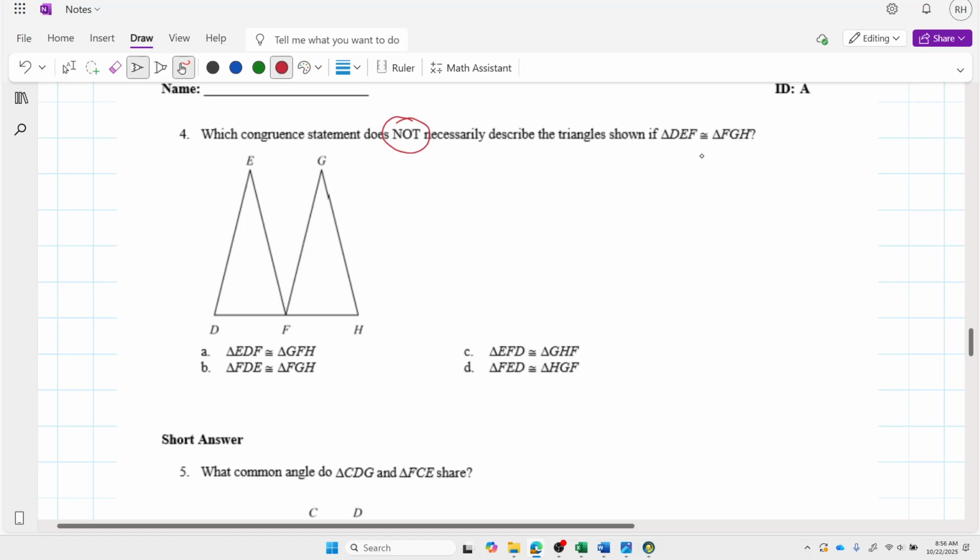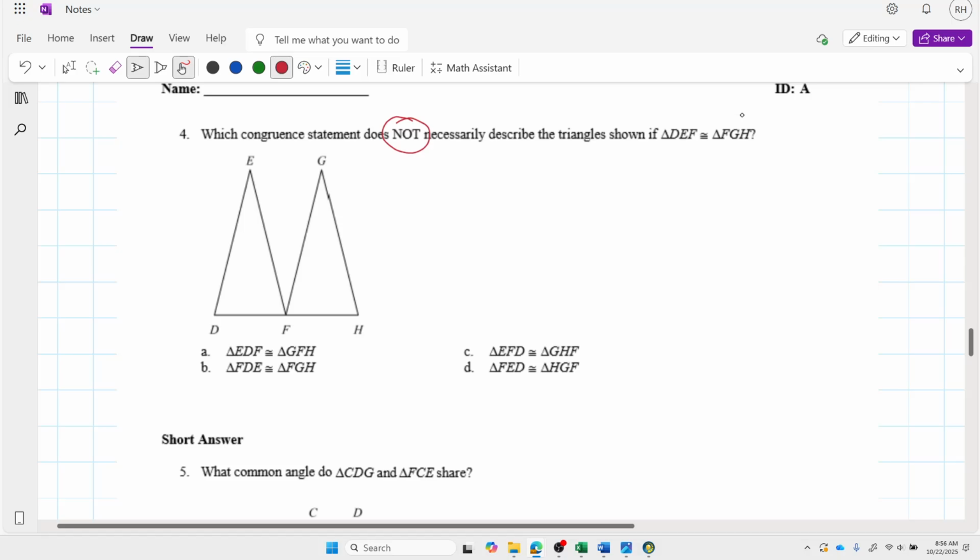Now, on Monday, we talked about congruent statements and how you can change the orders of the letters, and the congruent statement is still correct. So what they're doing down here in these answer choices is they're changing the order of the letters of the first triangle, which means they have to change the order of the letters the same way in the second triangle.